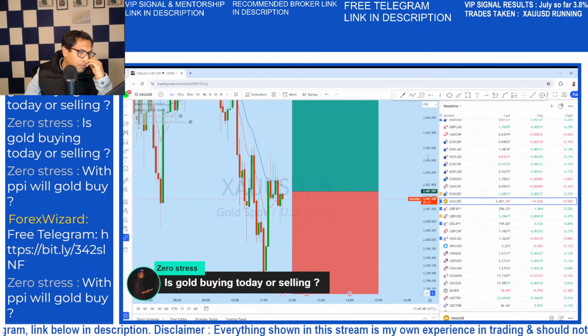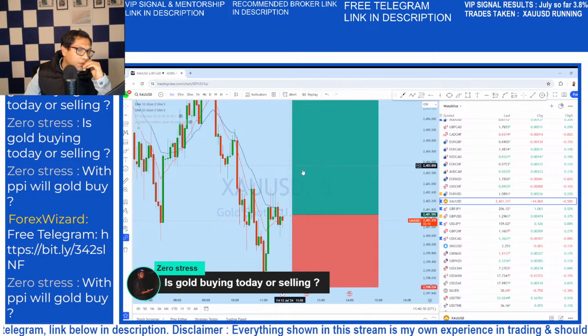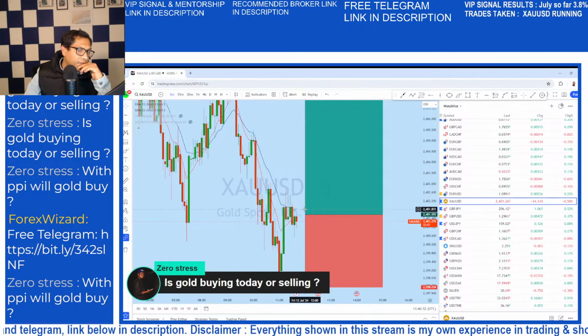Wanting to see that gold managed to bounce, which is a very important level of support here.